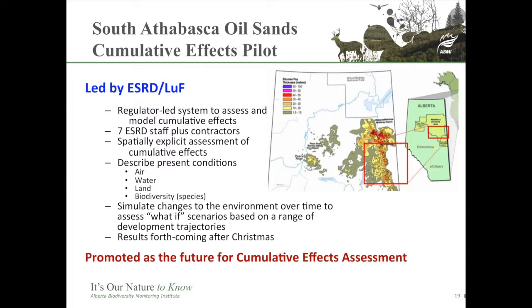And they borrowed a whole bunch of our analysis, and they didn't acknowledge me the way I wanted them to. However, that's just the way it is. But so they said, we can do a pilot project in the South Oil Sands region. But they expanded it. It's not just biodiversity, it's air, water, land, and biodiversity. That's a neat step forward.